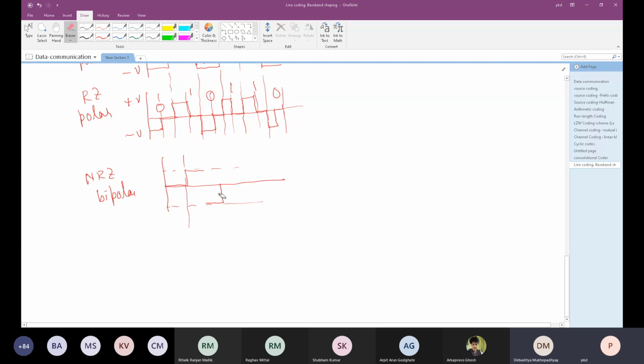This is 1, only 1 is there. Then we have 0, 1. But suppose we have another one here. So 1, 1, 1.